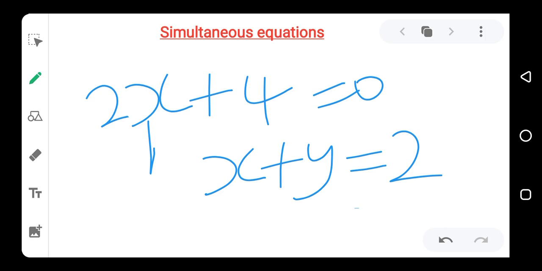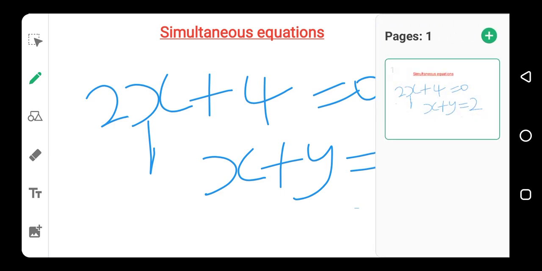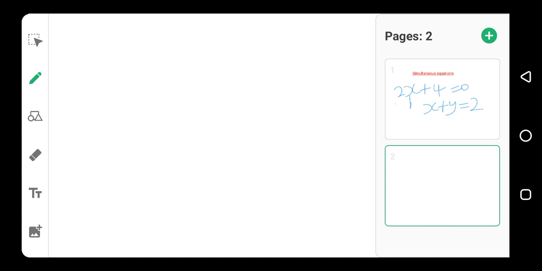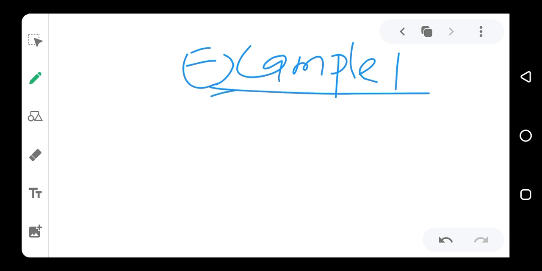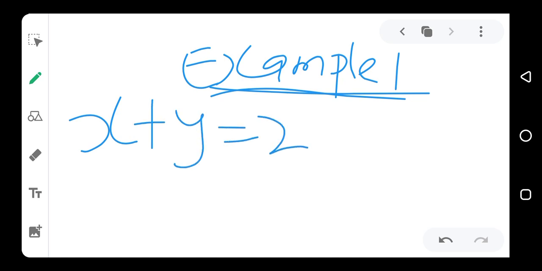So, example of simultaneous equation. Let's consider this equation, assuming we have x plus y is equal to 2 and x minus y is equal to 3.